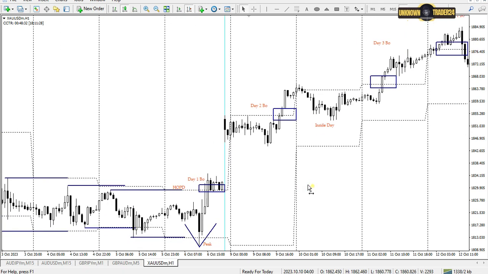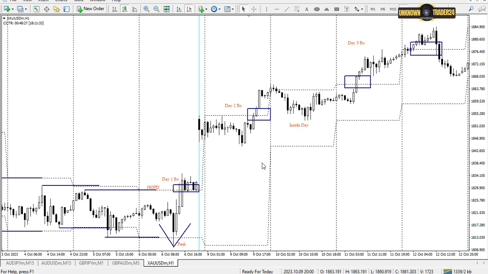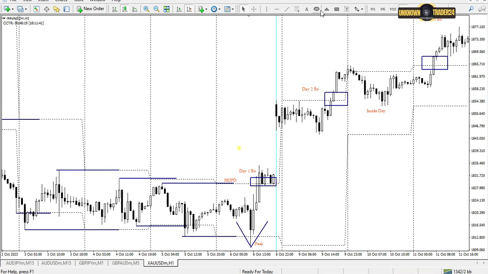Let me talk a little bit about breaking of structure. I know that's not the main objective of this video. However, as I said, I want to make this as detailed as I can. Look, market structure. You do understand market structure, right? If you don't, it's fine, I will explain this. Look at this. This is the low. This is the low. This is the low.